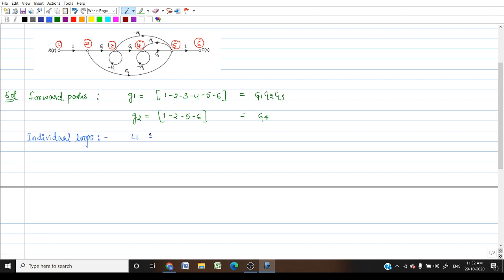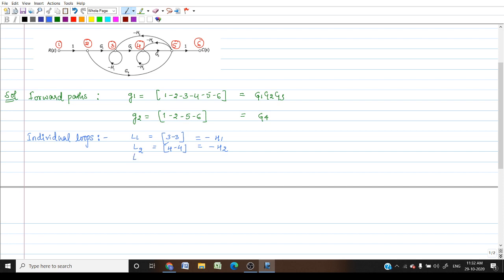It is a self loop around node 3, so the loop gain is minus H1. Similarly, L2 is a loop around node 4, and this loop gain is minus H2.